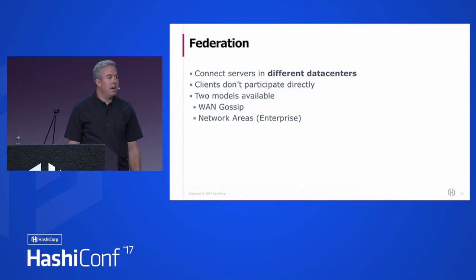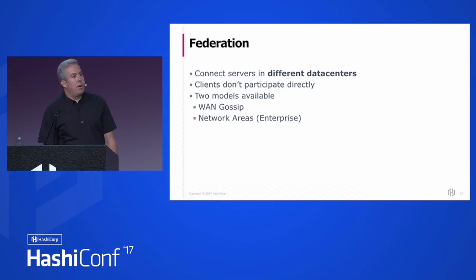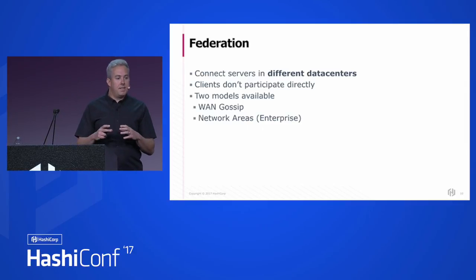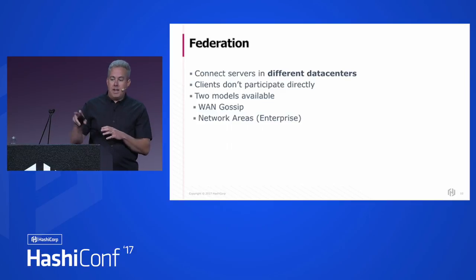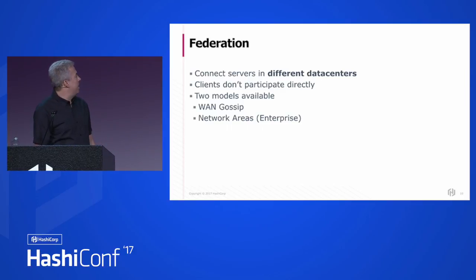So you can think of it as being able to find an instance of a service that's over in another data center or another continent, like for redundancy. It may be for having a centralized data center that's managed by a team that maybe runs your Vault setup, and then having a data center per team or per application for isolation. There's a lot of different use cases, and we'll show some examples.